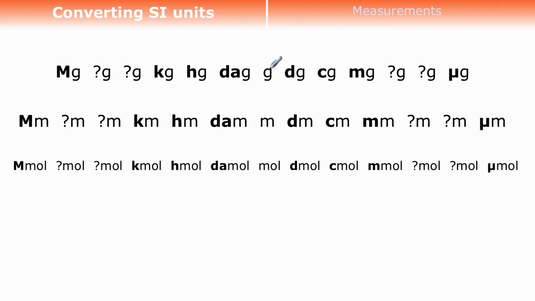The base unit for any of these is right here in the middle. So a gram or a meter or a mole or a joule or a candle, any of those units are the base unit. Anything that goes up from there to the left becomes a larger unit.